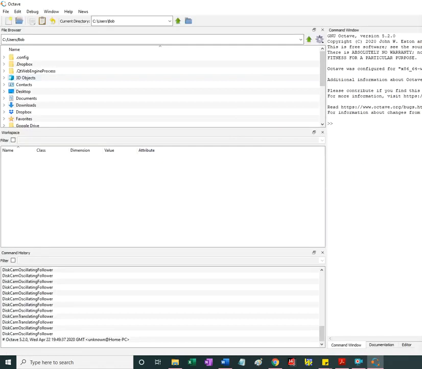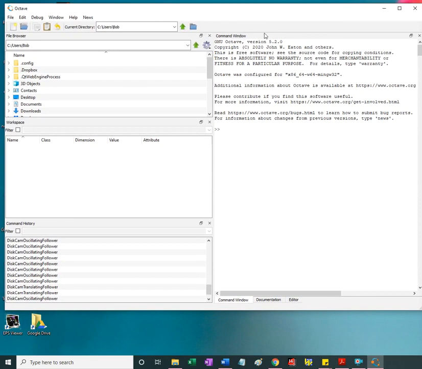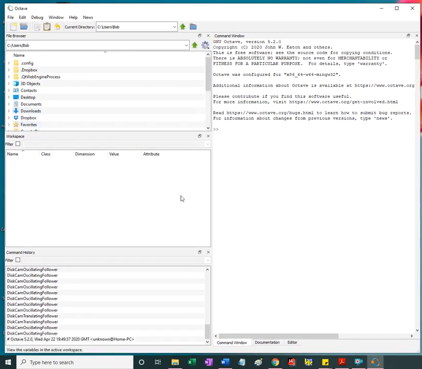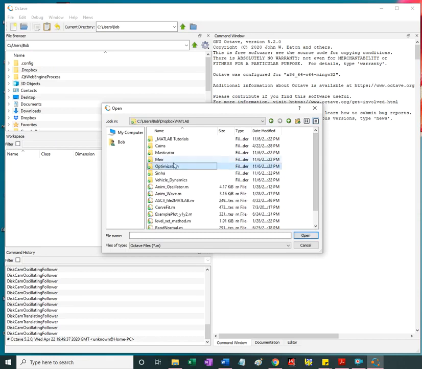The window is organized differently, but there are pretty good similarities. So you go to File, open, and again these will be the Octave compatible sources that I'm going to supply.